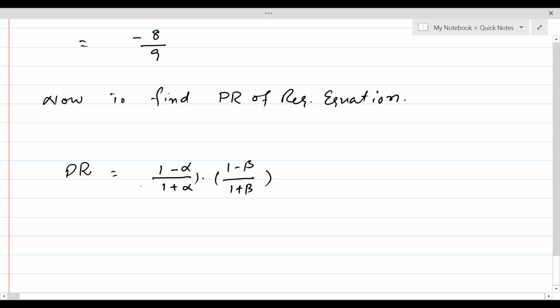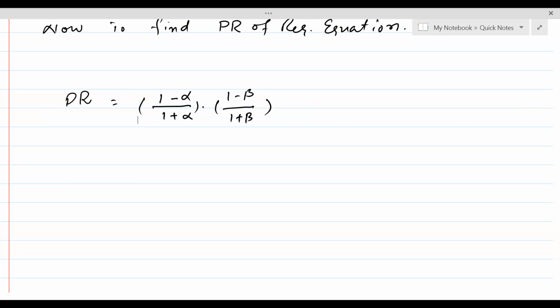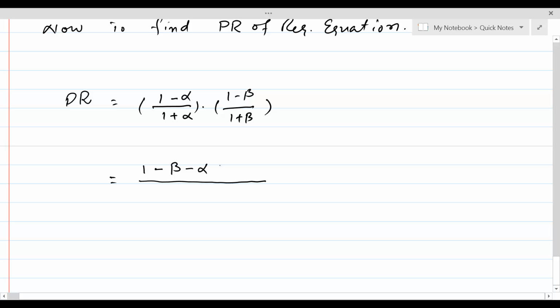So if we multiply, the numerator will multiply with the numerator and the denominator with the denominator. So this will give us 1 minus beta minus alpha plus alpha beta over 1 plus alpha plus beta plus alpha times beta.